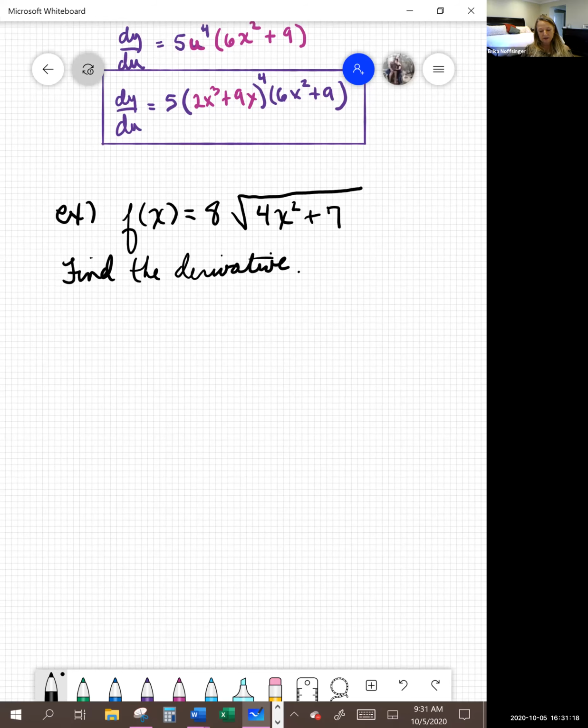So we need the outer function, we want the inner function. So usually finding the inner piece is easier first. And so let us choose, I don't know what we want to call it, g of x, or we can call it u, is 4x squared plus 7.